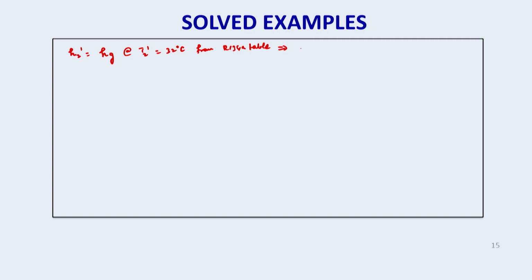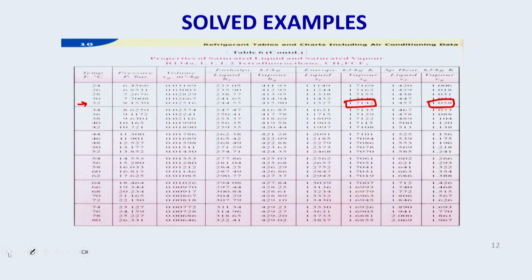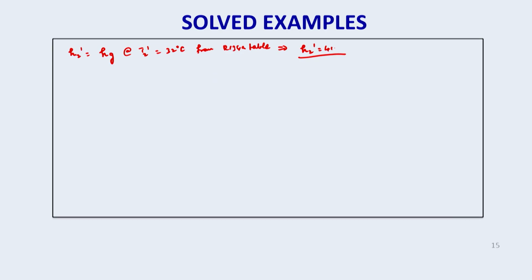So let us take the value from the table. H2 dash is equal to, at 32, the vapor enthalpy 415.9.